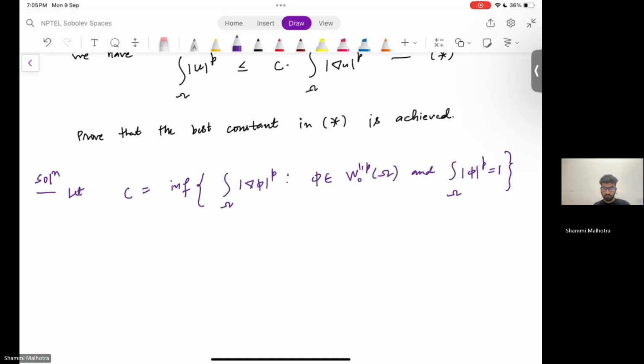So how do we basically prove that there is such a lambda one, some function such that this holds?